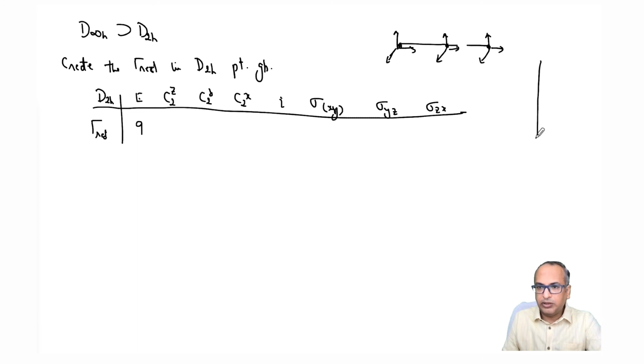So we can just draw the bigger picture, otherwise you will get confused. So you have one atom, another atom, another atom, and I have small vectors which are xyz here, xyz here, xyz here, and this is my bigger xyz frame.